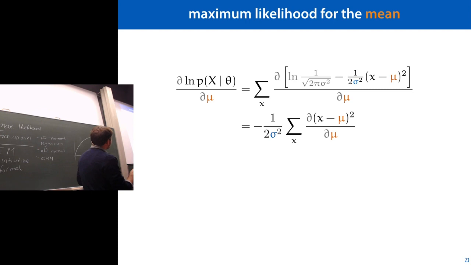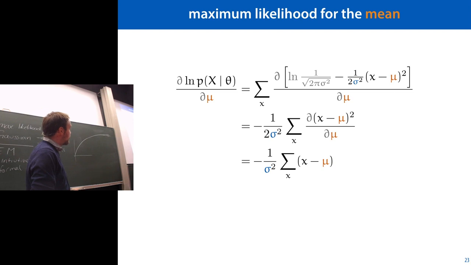The factor of minus 1/2 times 1 over the standard deviation is a constant independent of mu, so we can work it out of the derivative and out of the sum, because it's also independent of x, which we're summing over. So the derivative is starting to simplify quite a lot. And the derivative of this, if you apply the chain rule, is just 2 times x minus mu. So the 2 we can cancel out with the 1/2 in front, and we end up with this as the derivative.